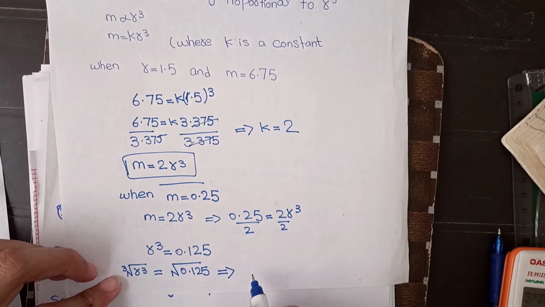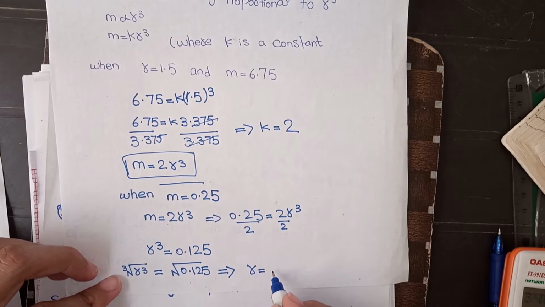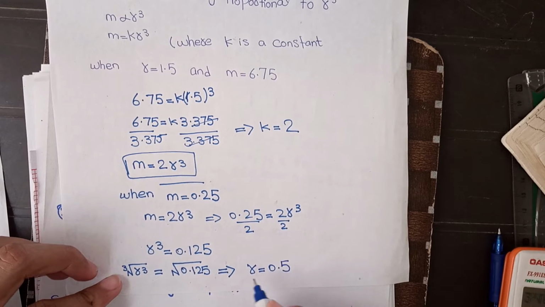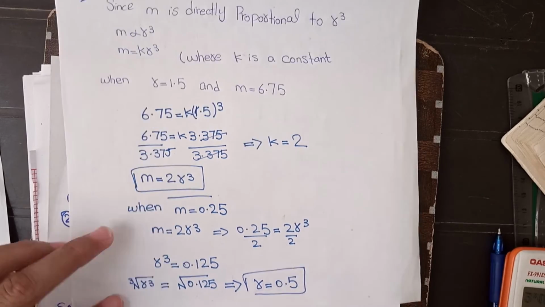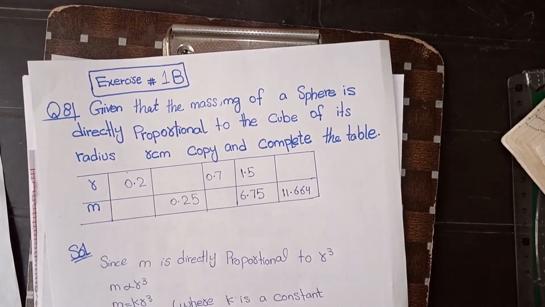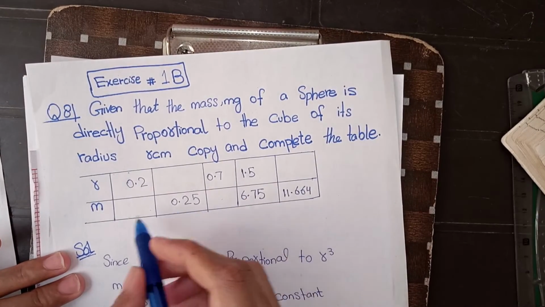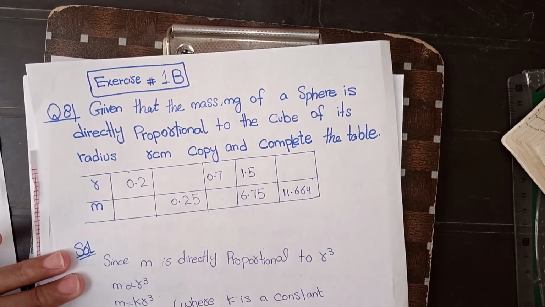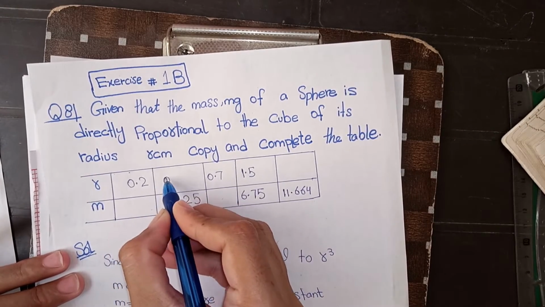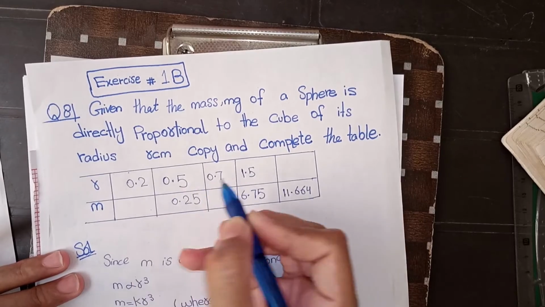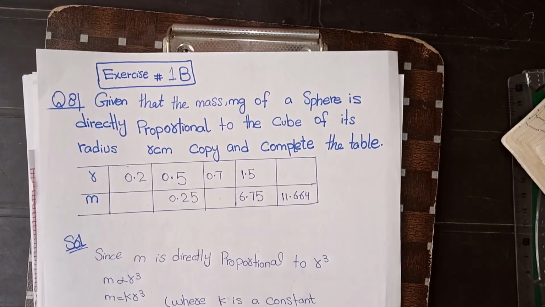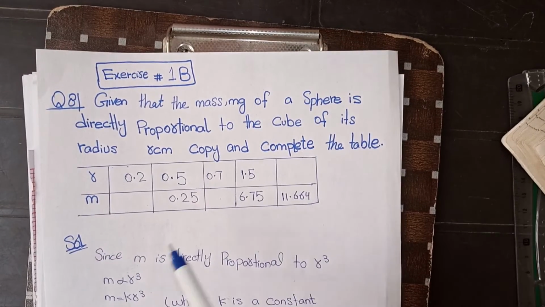So r is equal to 0.5. Okay students, when m is equal to 0.25, r is equal to 0.5.